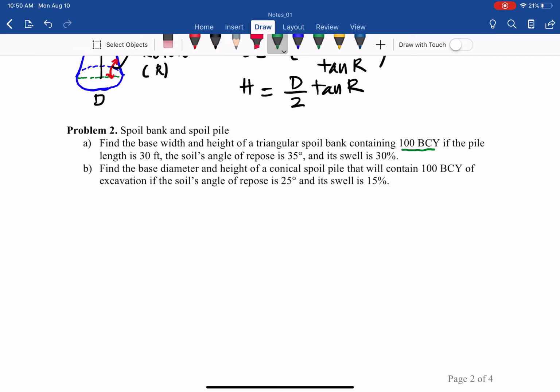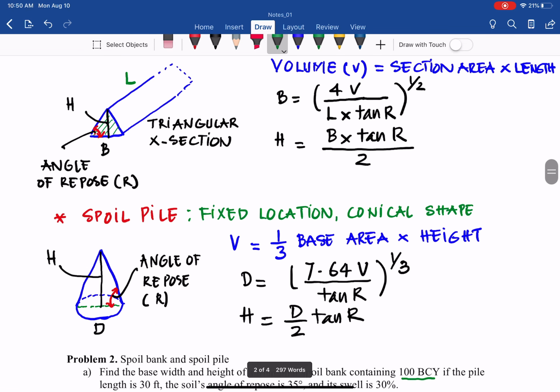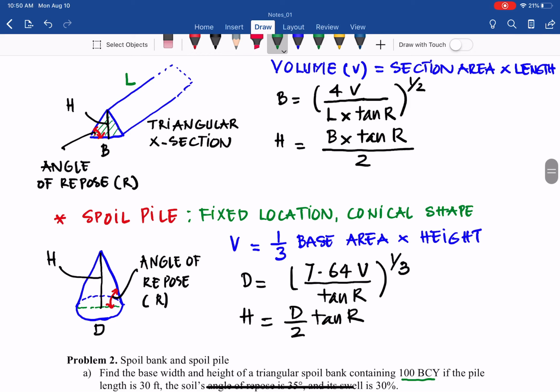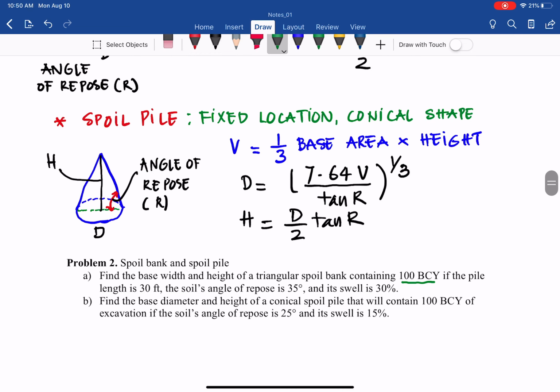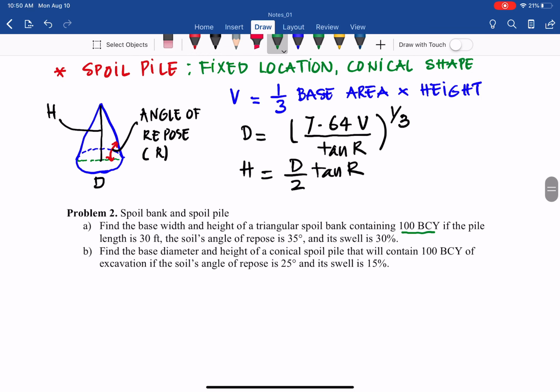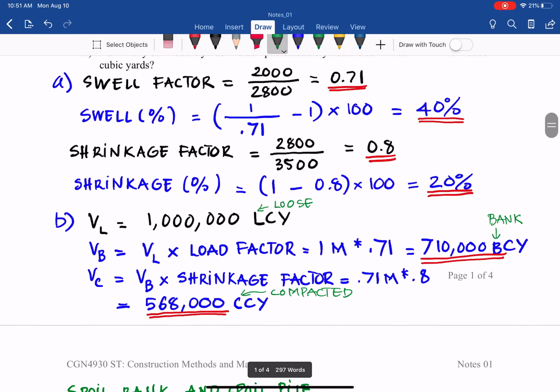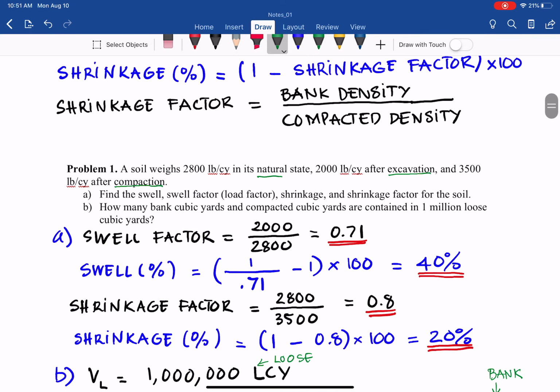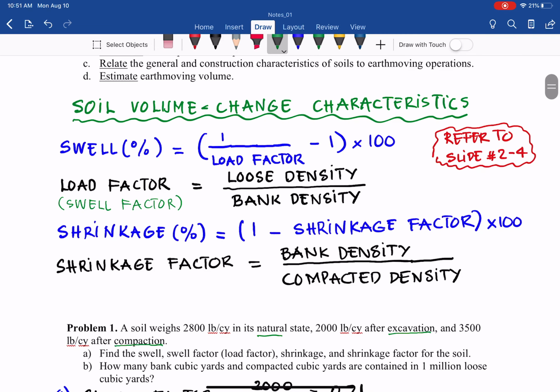So we have to transform that to loose cubic yards, because when you stock the soil in this pile, it is already disturbed material. So we need to find out the loose cubic yards, and we apply what we covered in the previous lesson.